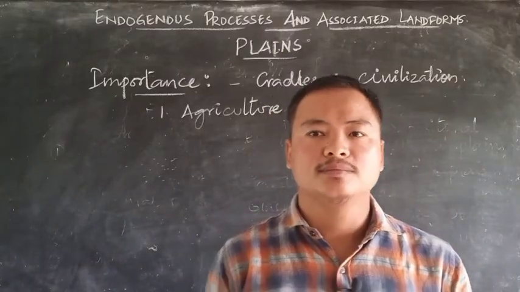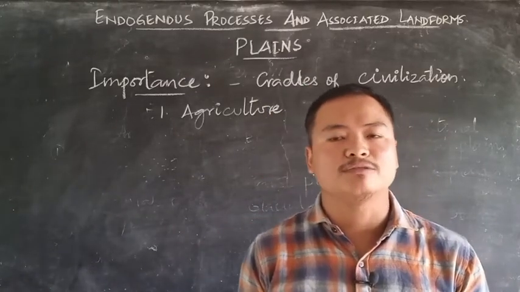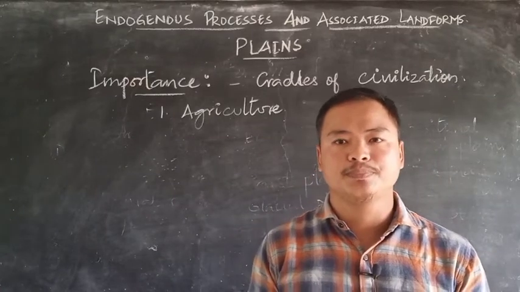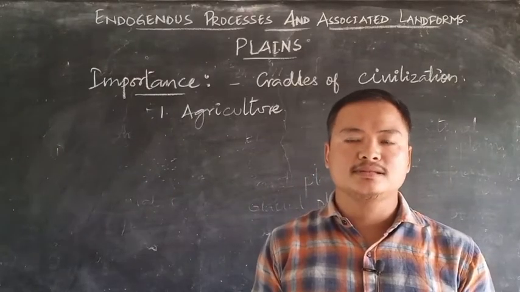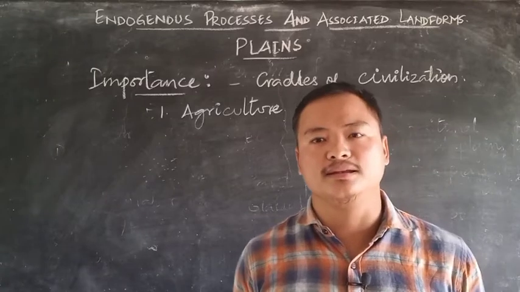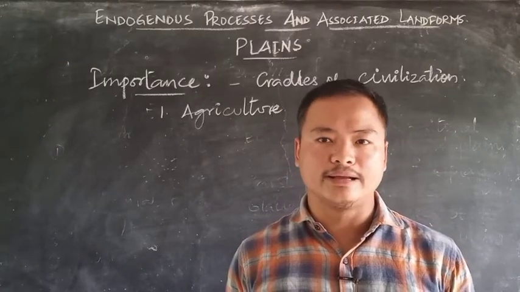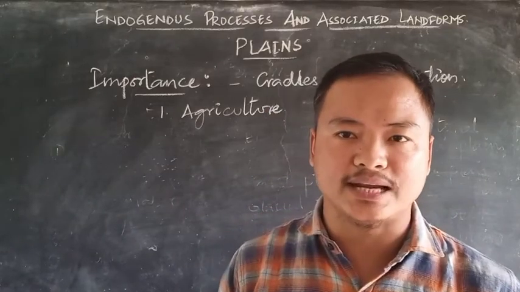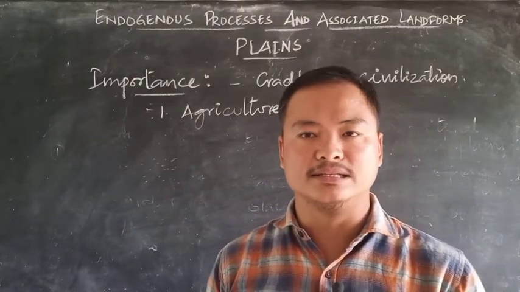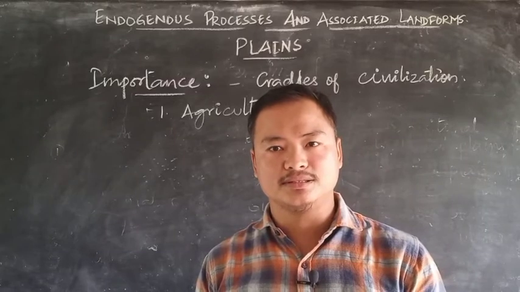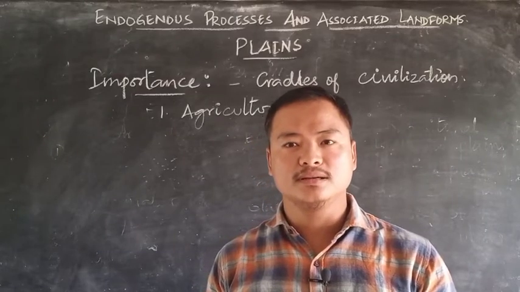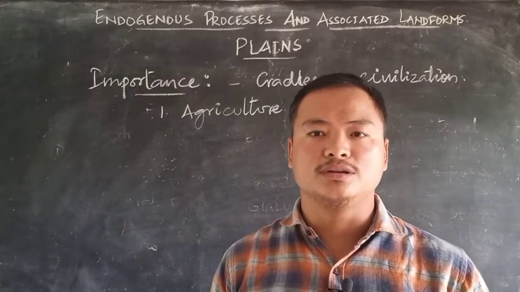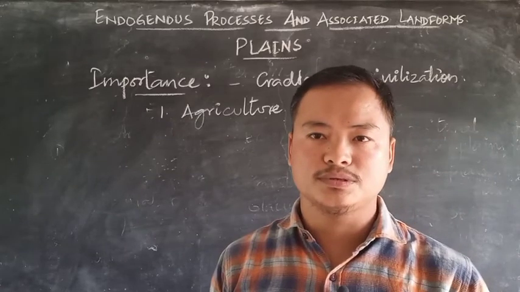The first point to discuss as a part of importance is agriculture. Plains always facilitate the growth of agricultural crops because lots of sediments, which are very fertile in nature, are deposited in the plains, which allows a huge production of crops.